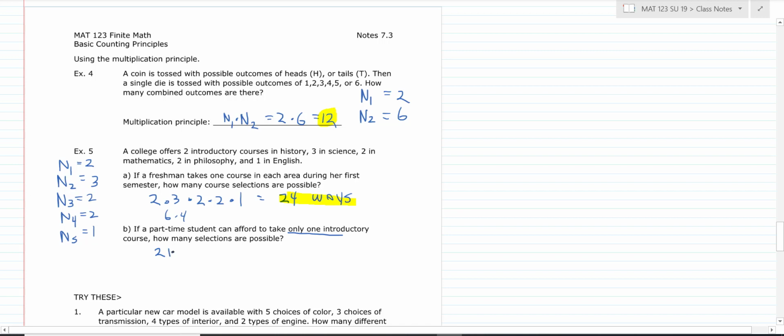You would do 2 plus 3 plus 2 plus 2 plus 1, which adds up to 10. So there are really 10 courses available to choose from, and that student would just have to pick one of the 10. So that's why you add on that one. It's a little different approach.